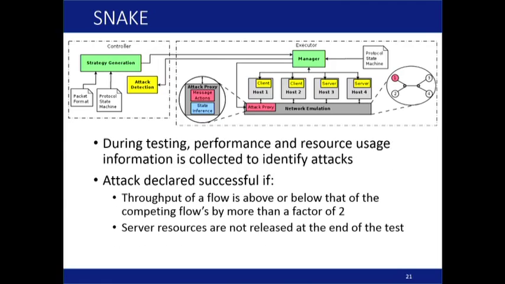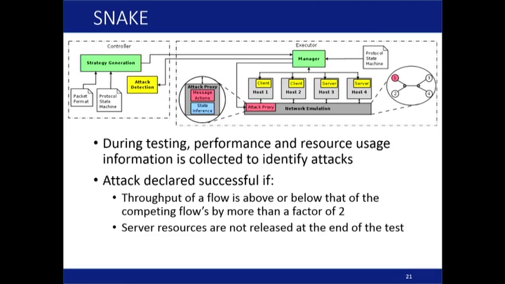Okay, so during testing, we collect performance and resource usage information to be able to identify attacks. Specifically, we declare our attacks successful if we observe unfair competition between the flows in our test, which is to say that we observe throughput that's above or below the competing flows by more than a factor of 2.